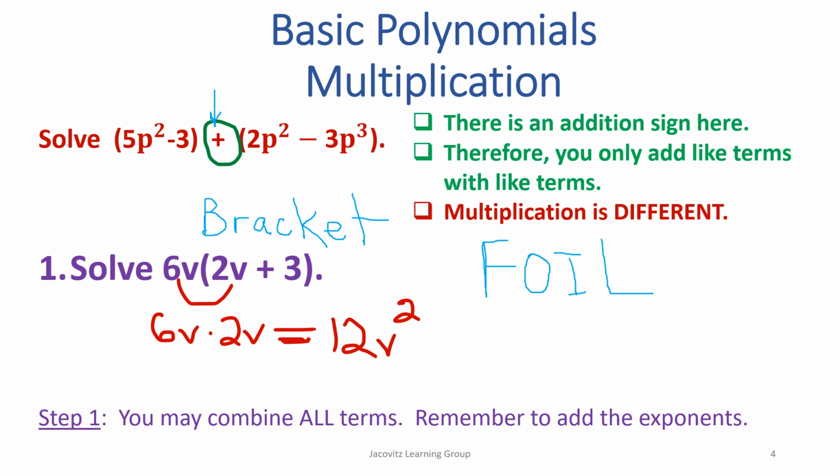So before I go into detail here, I'm going to go 6v times 2v, and remember there is an implied 1 here and an implied 1 here. So now you add the powers. Why do you add? Because you have a powers rule. Because you have a bracket.